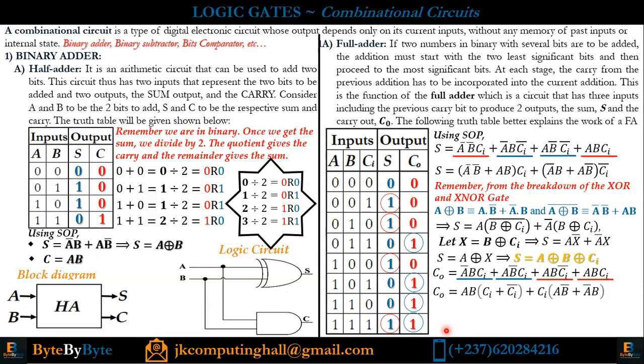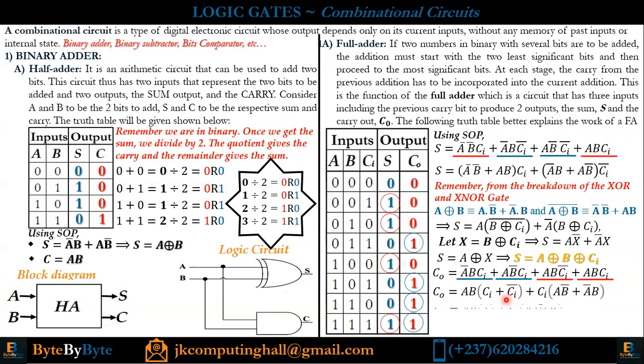Good. Now, using what we did in the last lesson again, you realize that this is A XOR B, as you can see. And now from Boolean algebra, my byte members, Ci plus Ci bar, what does it give? Correct. If you said 1, then you are right.